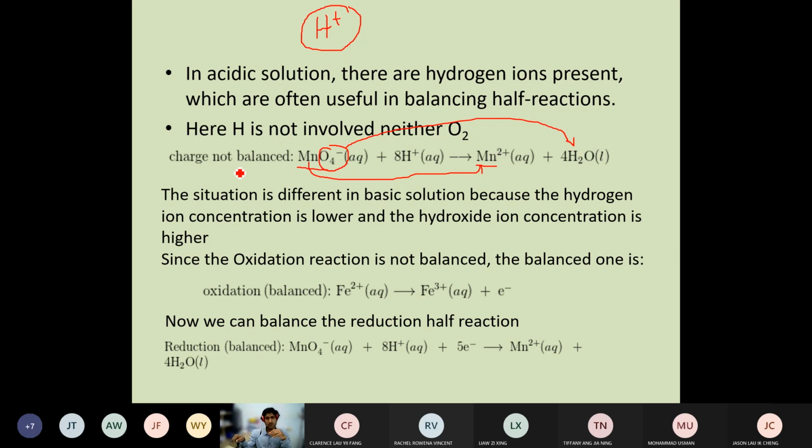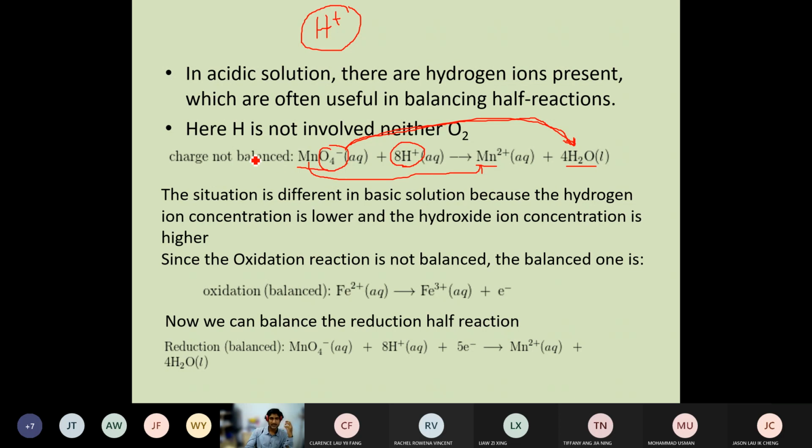According to that rule, we are converting the oxygen to water, and from the 4 oxygen atoms, 4 water molecules will be produced. To make these 4 water molecules, I need 8 hydrogen ions, right?